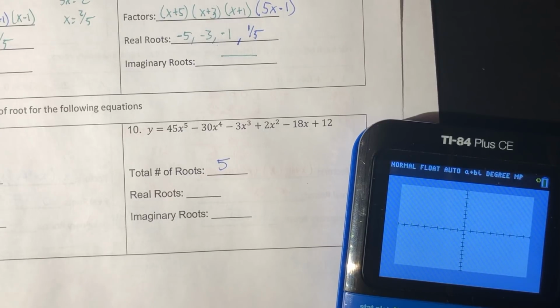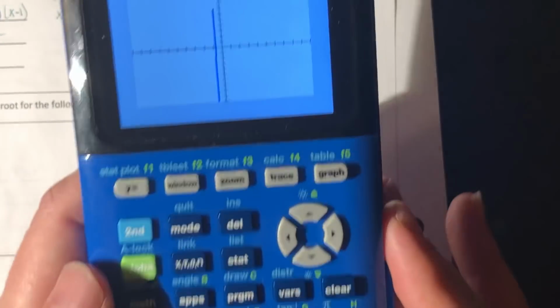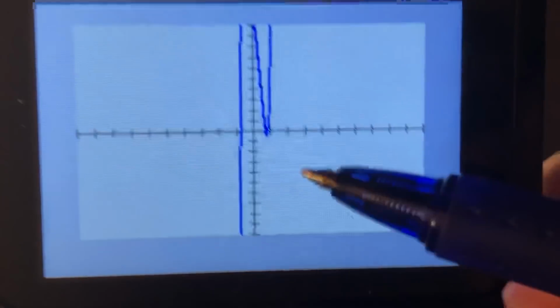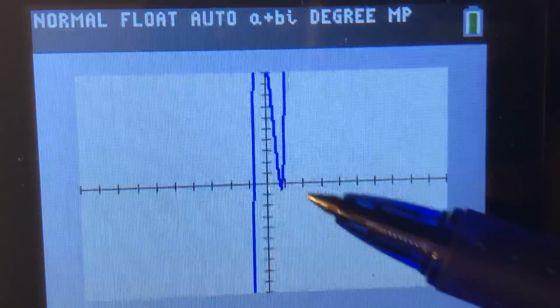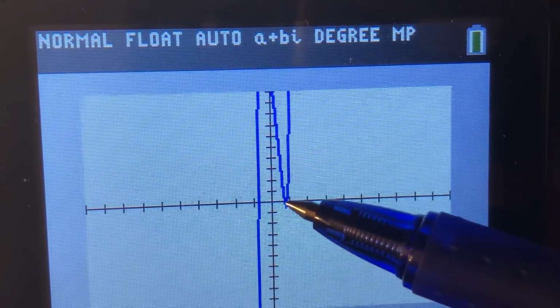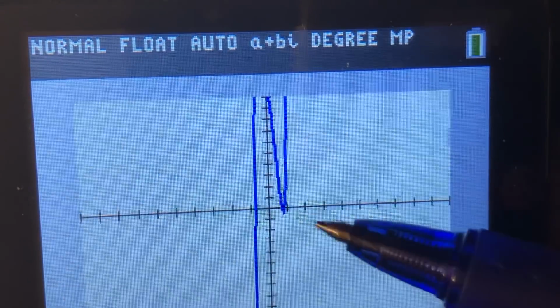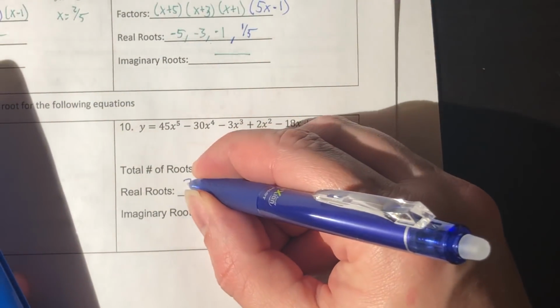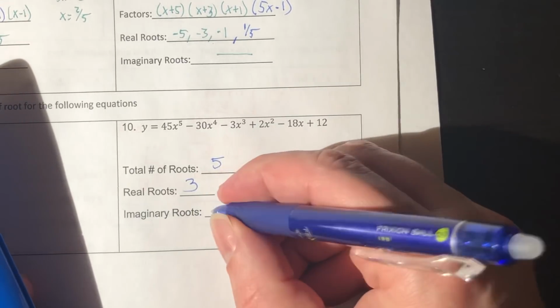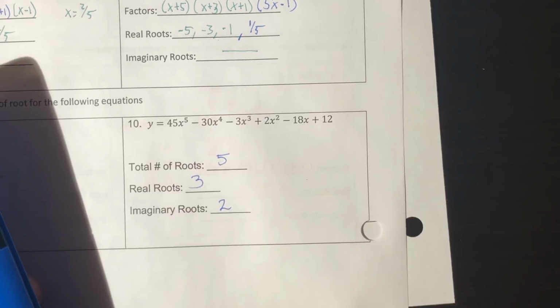So for how many times it crosses the x-axis. Okay, so it crosses 1 time here, and then here it crosses through, moves over just a little bit and crosses back through. So I have 3 times that it crosses. So that gives me 3 real roots. So 5 minus 3 is 2 that are going to be imaginary.